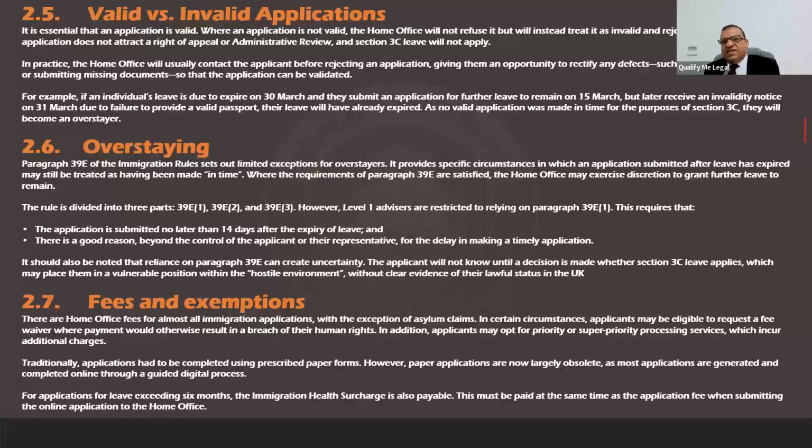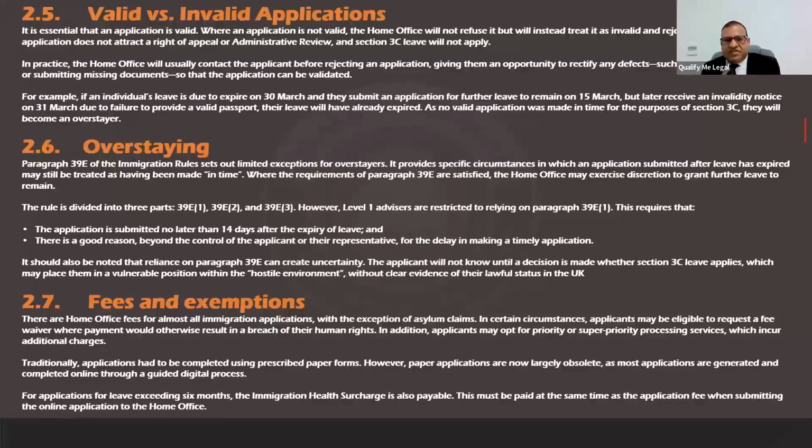However, level 1 advisers are restricted to relying on paragraph 39E. So apart from 39E, we'll not discuss any other areas, because today we are focusing just on the level 1 immigration adviser authority exams and their whole syllabus.